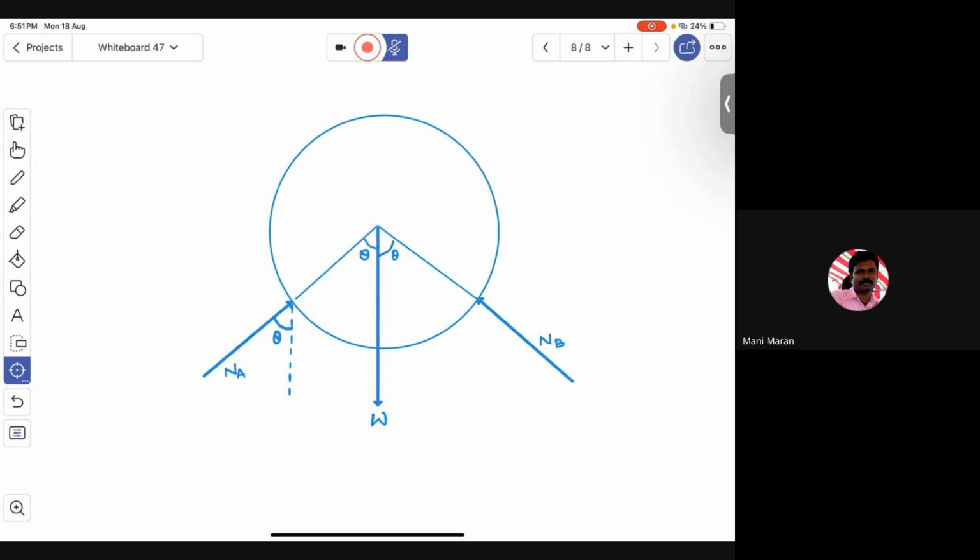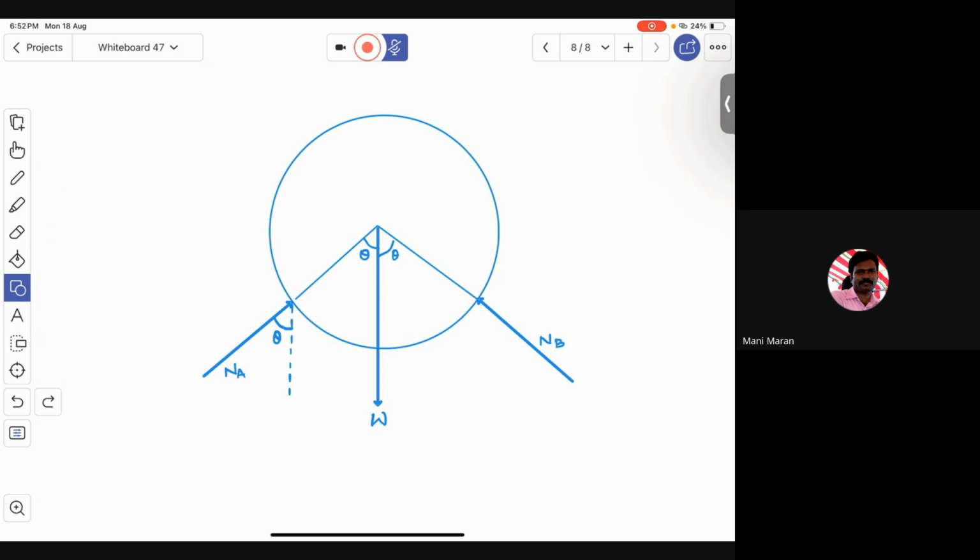Maybe I'll draw a green line for them. Because whatever forces are acting on this object are in the plane of this board, every force has only two components.